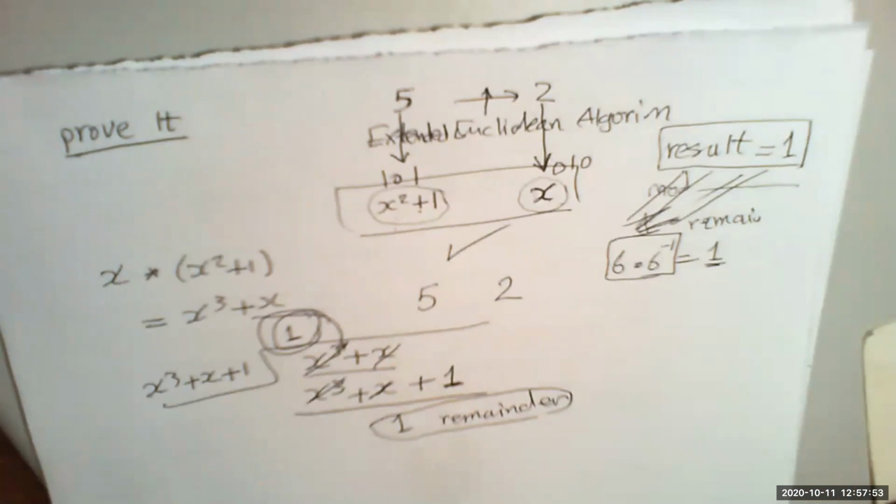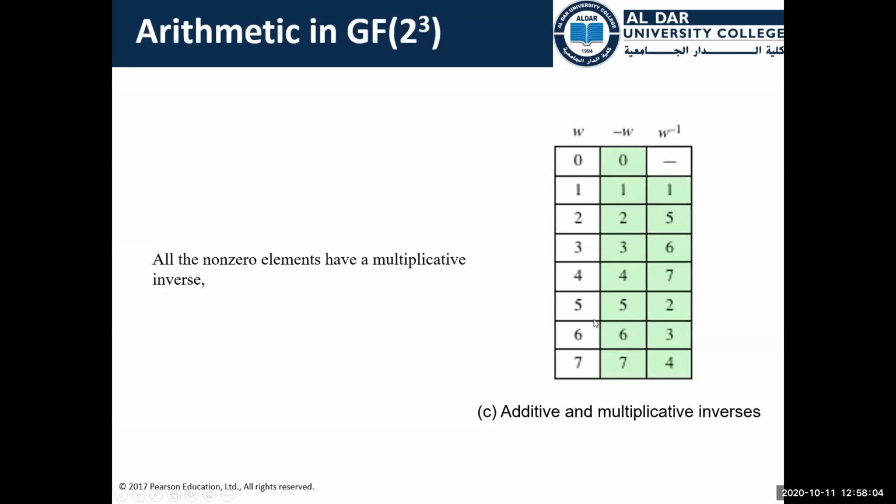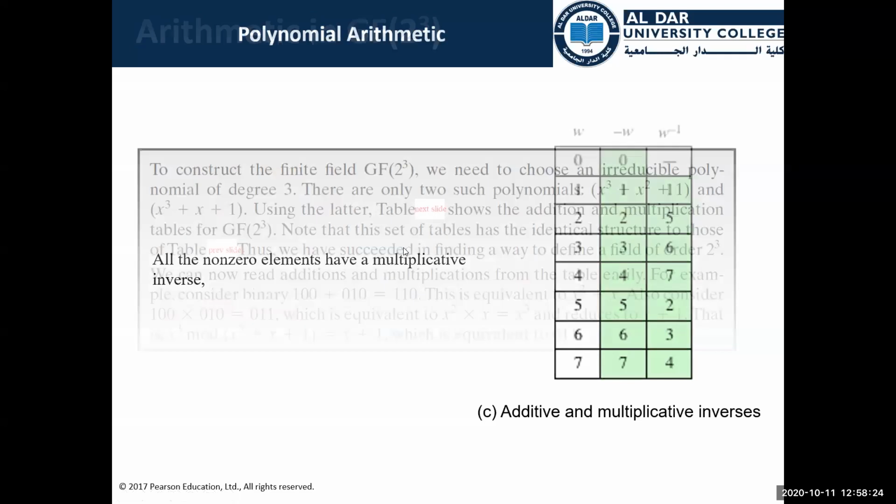Okay, so now I think we finished our lecture today. Now I know how to prove any one of these. Maybe in the assignment you will see something like 4: 7 is the multiplicative inverse of 4. I want you to prove it, not to find the multiplicative inverse.